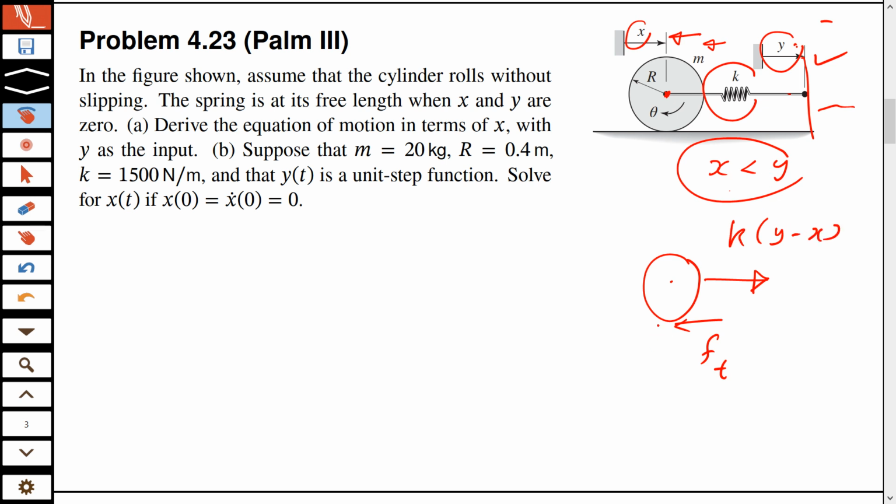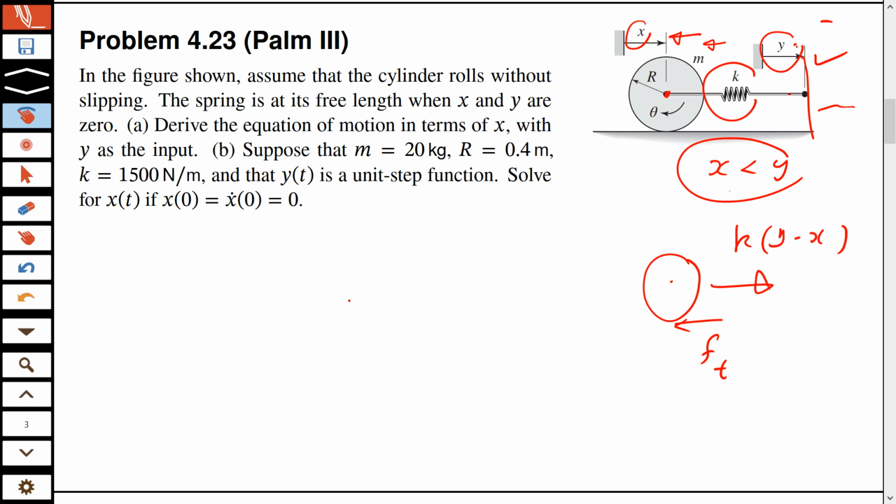Remember, y is greater than x, so y minus x. If I had assumed x to be greater than y, then this arrow would change, and this will also change. Okay, this will go with x minus y. It's up to you. So I prefer that one because that is in line with x. So it's k times y minus x.